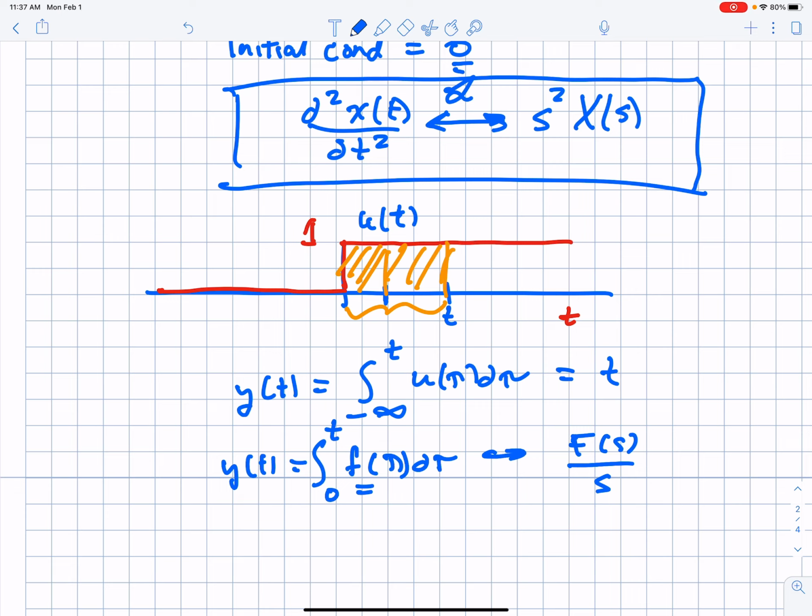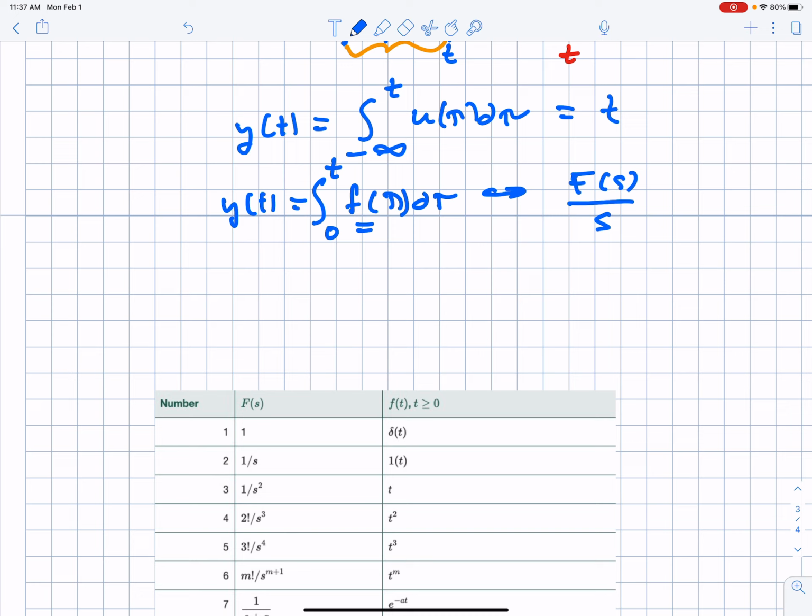The last property I wanted to quickly go over is this idea of convolution. What we had videos of in Module 2 was that convolution turned out to be the output for a linear time invariant system.